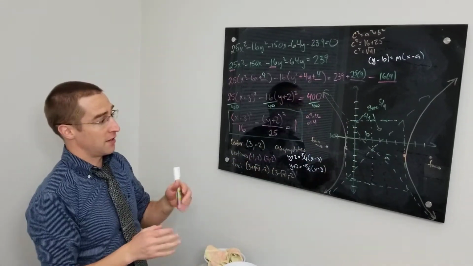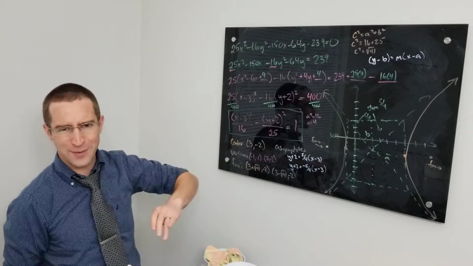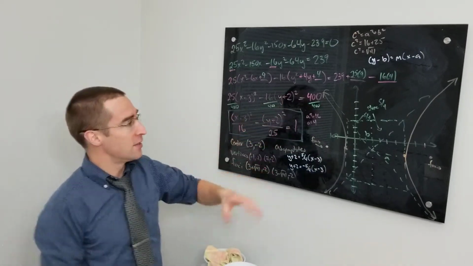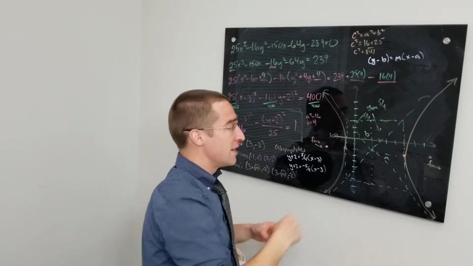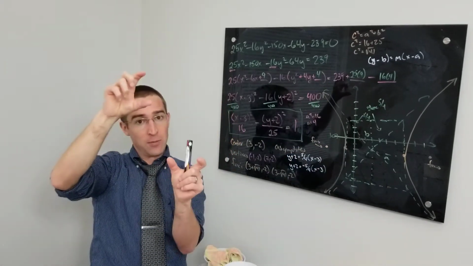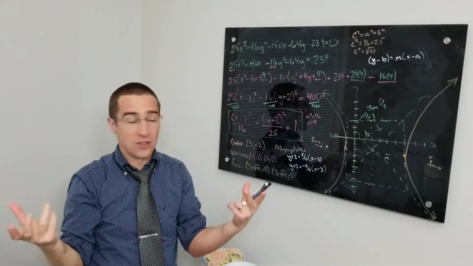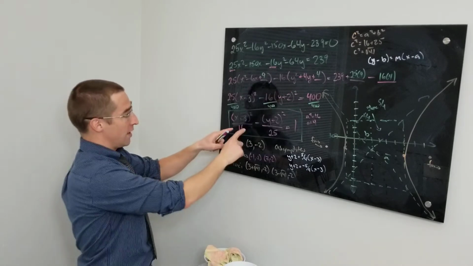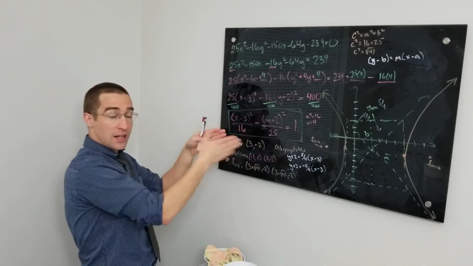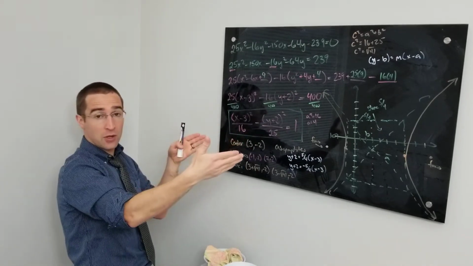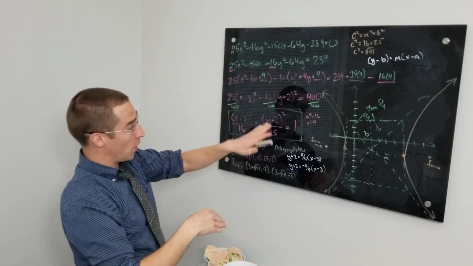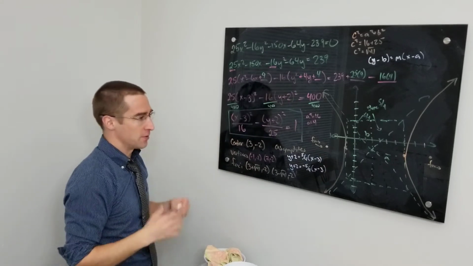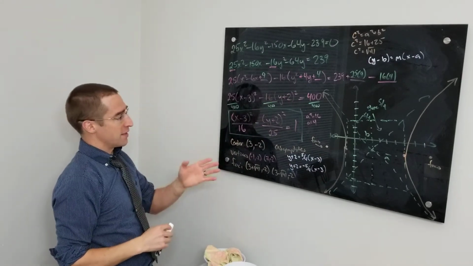Now, if this was a hyperbola where the y part was positive and it was subtracting the x, so it had a vertical transverse axis, then the a would be your rise and the b would be your run for your slope, because the a squared is always under the part that's positive. Here, a squared was 16, so a was 4, and that was our run for our lines. The y part had the 25, so b squared was 25, so b was 5, and that was our rise for our asymptotes. Okay, so that's an example of that problem.